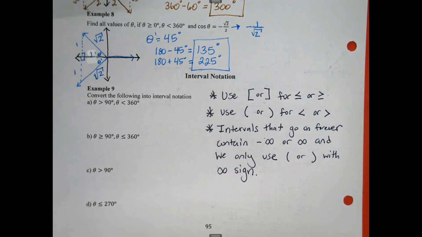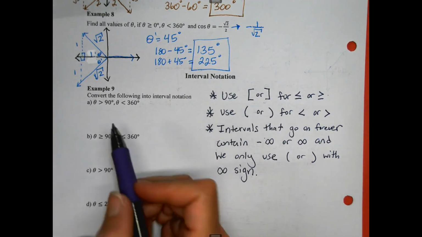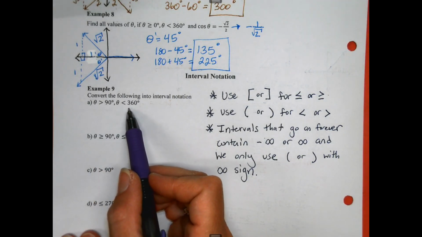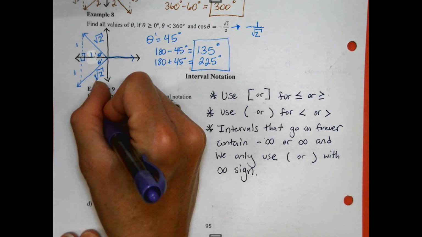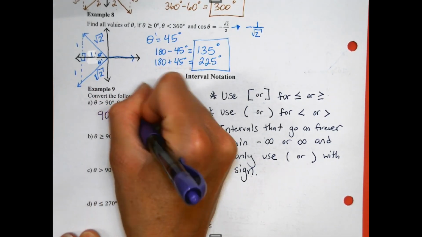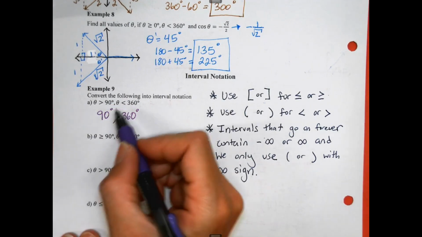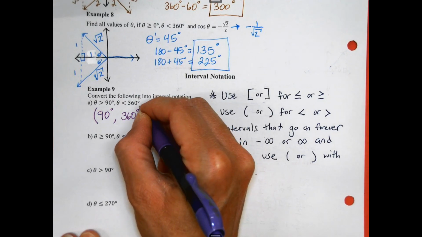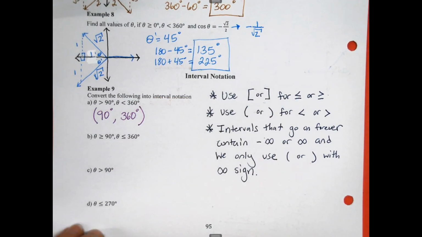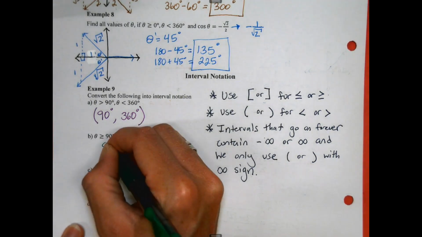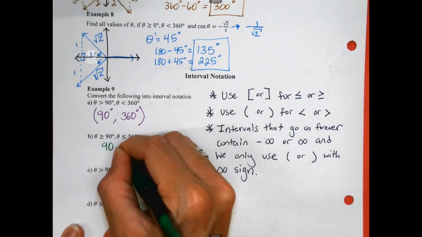So if we wanted to convert theta's greater than 90 but less than 360. On the lower end we have 90 and then it goes up to 360. Since it's not equal to 90, we put a parenthesis, and since it's not equal to 360, we put a parenthesis. For part B, we have theta is greater than or equal to 90 and less than or equal to 360.